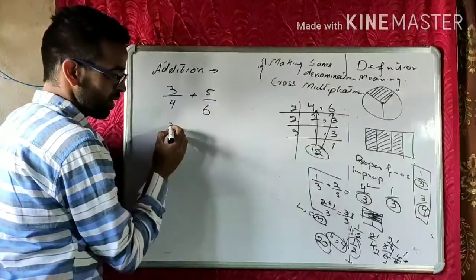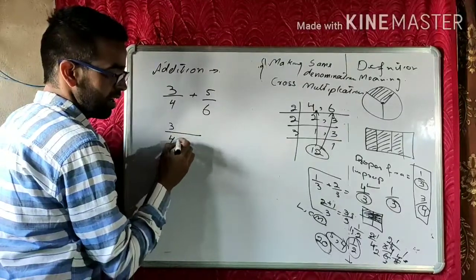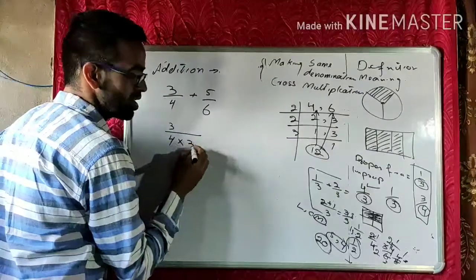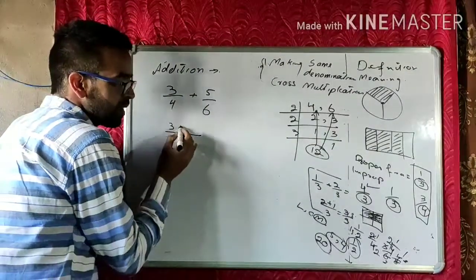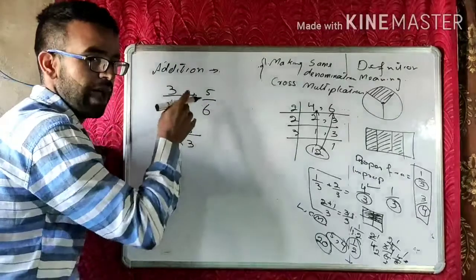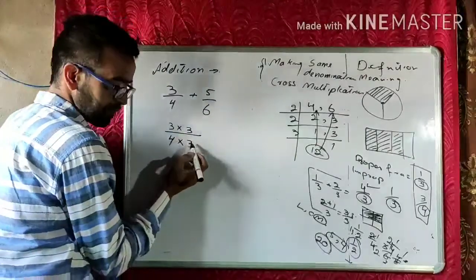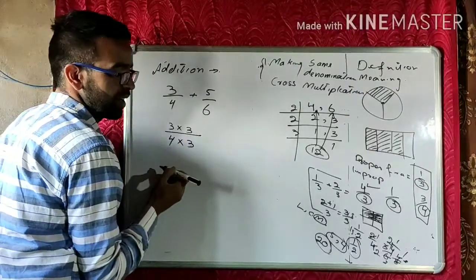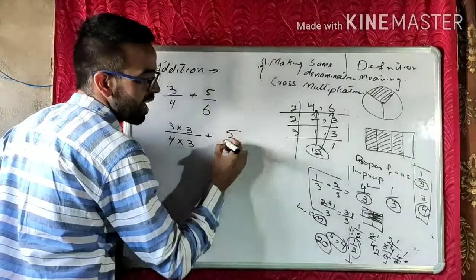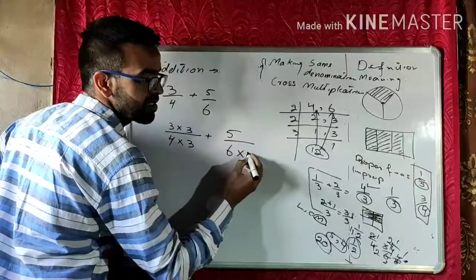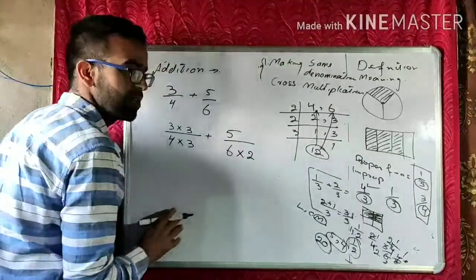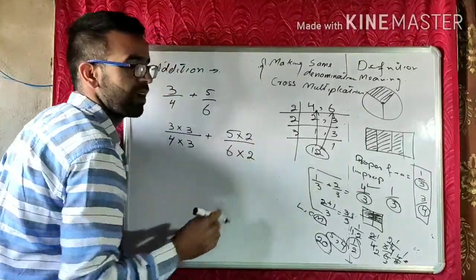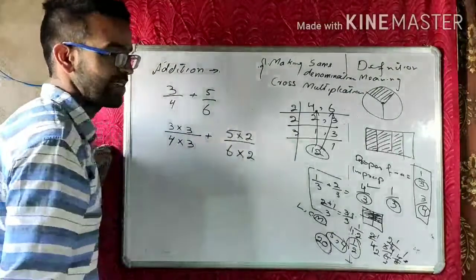So what we did here: we multiply 4 by something to get 12. 4 3s are 12, and the same 3 is multiplied on the numerator side to balance the fraction. On the other side, 5 by 6: what do we multiply 6 by to get 12? 6 times 2 is 12, and the same number is multiplied on the numerator to balance the fraction.